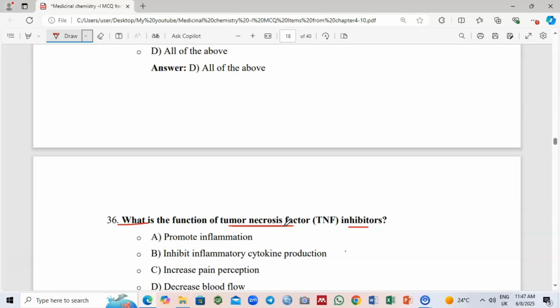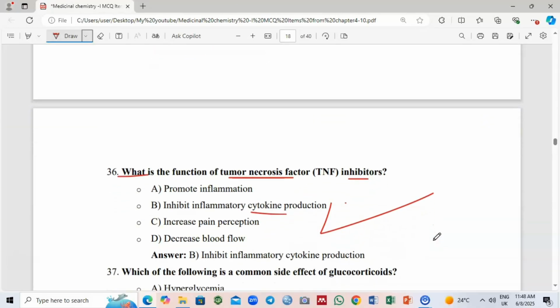It is a protein produced by various cells like macrophages and plays a critical role in inflammation and immune regulation. The most studied types are TNF alpha and TNF beta. Therefore, the function of a TNF inhibitor is inhibition of inflammatory cytokine production. So B is the answer.